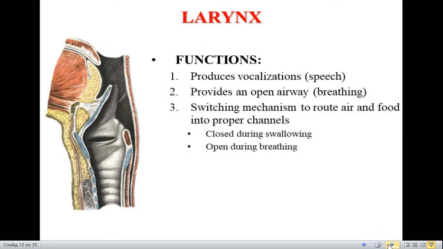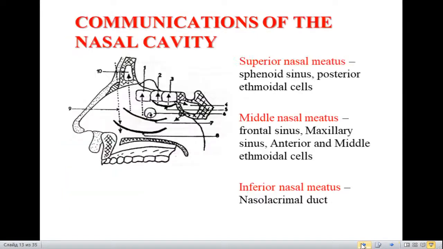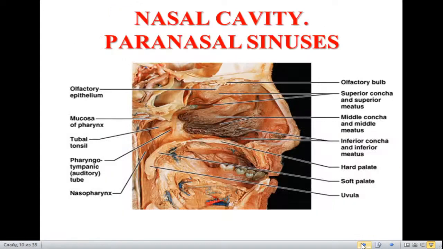So the larynx is the next organ of the respiratory system, but you have to remember that after the nasal cavity we have the nasopharynx, which is one of the organs of the respiratory system. The nasopharynx and also the oropharynx participate in providing the air.